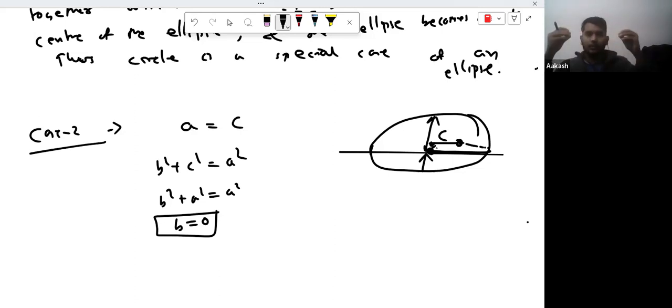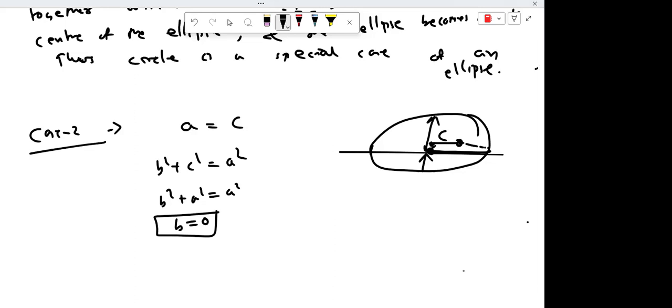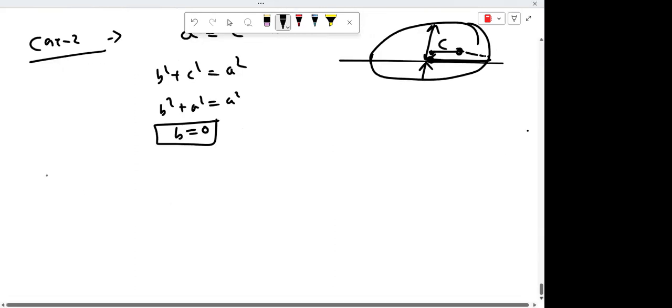Can anyone tell me what this shape will become? You stretch it out. A line? Yes, very good. This ellipse becomes a line. So remember this: if A equals C, an ellipse becomes a line. Please write it down also.